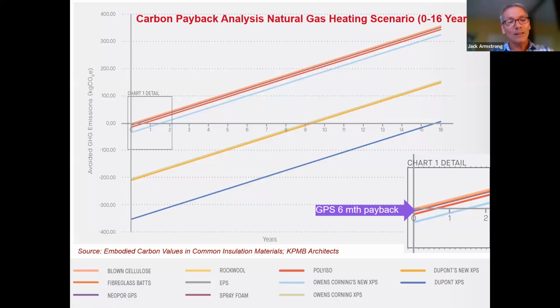And now as we operate the building, these insulations are going to save energy. So as they save energy, they're saving carbon. But how many years do you have to operate the building to pay back for all the carbon that it took just to invest and make that insulation?